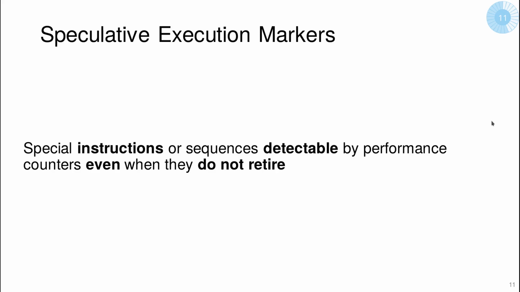The way in which we do this is by using what we call speculative execution markers. A speculative execution marker is an instruction or a sequence of instructions that is detectable by performance counters even when the instruction does not retire. So here's the central idea.